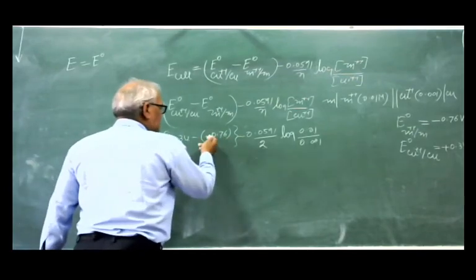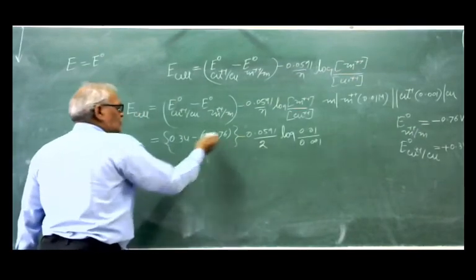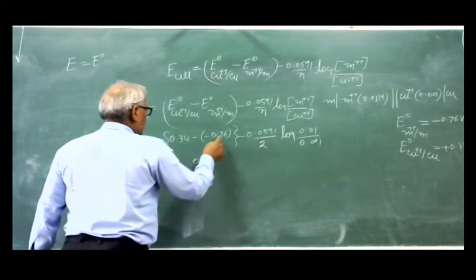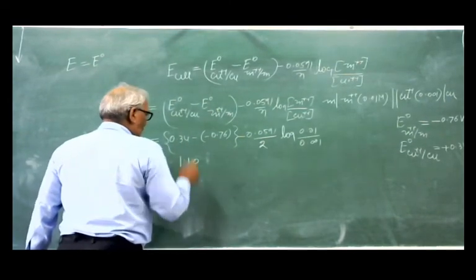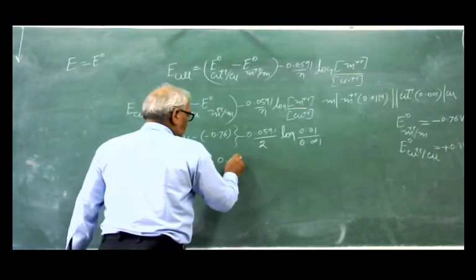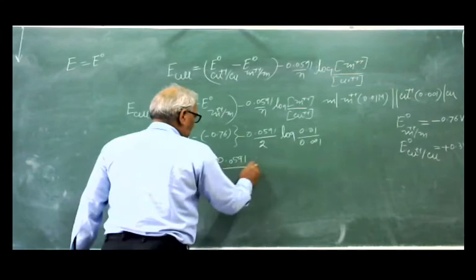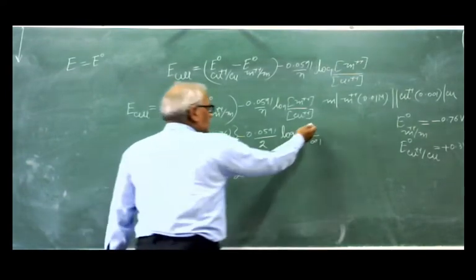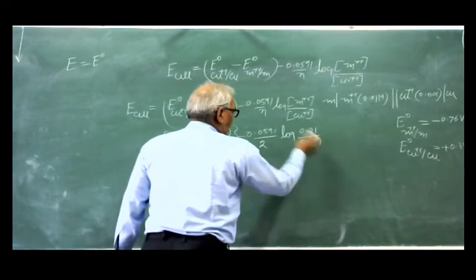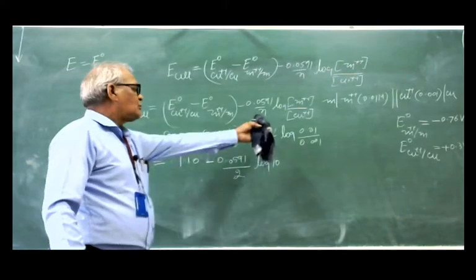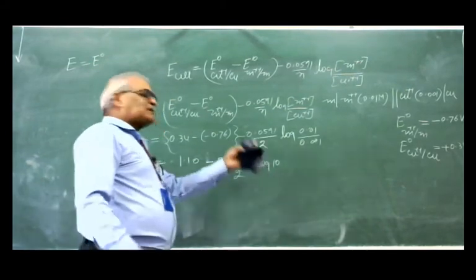So you can say it is how much? This is the plus, and you can add both quantities, so you will get 1.1 minus 0.0591 upon 2 log. This is 1 by 100, this is 1 by 1000, so it is log 10. That's it, very simple. So log 10 is 1.